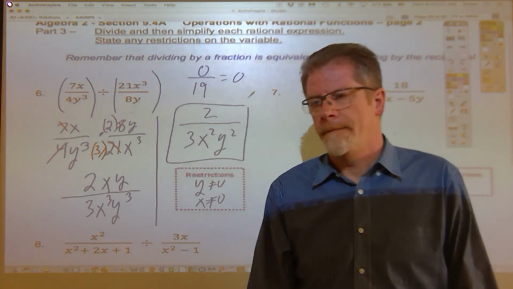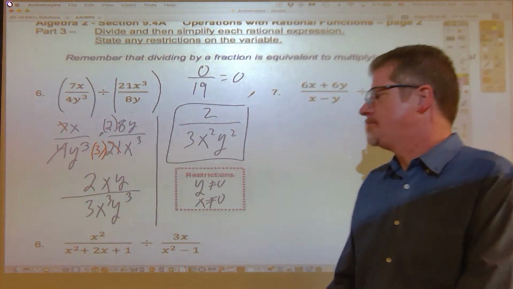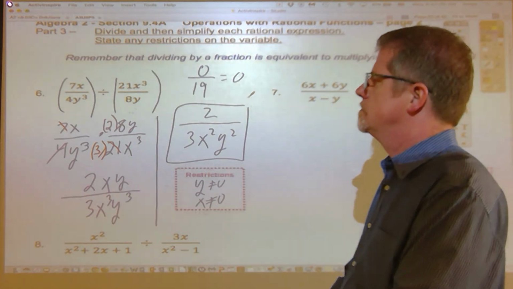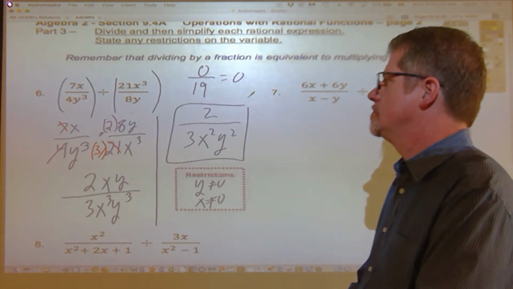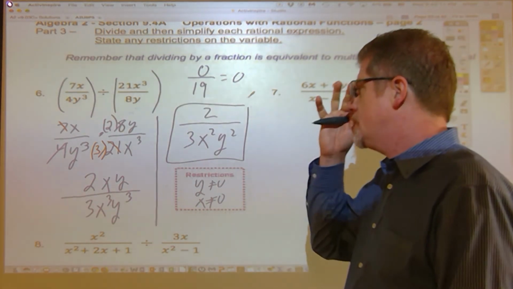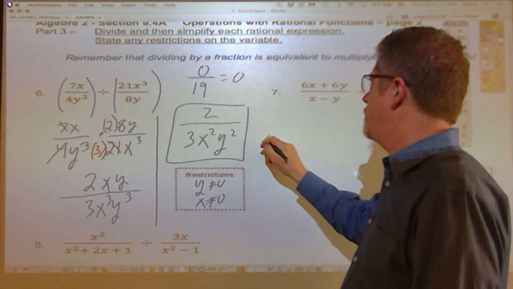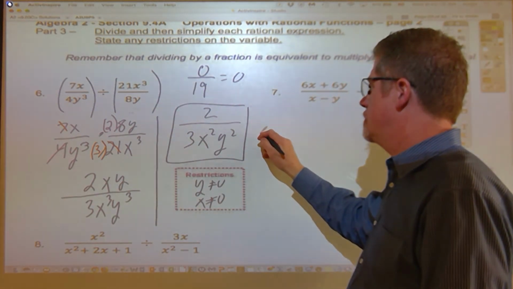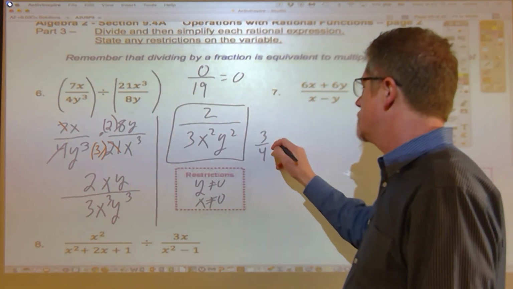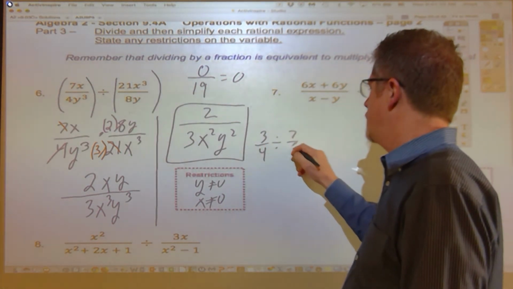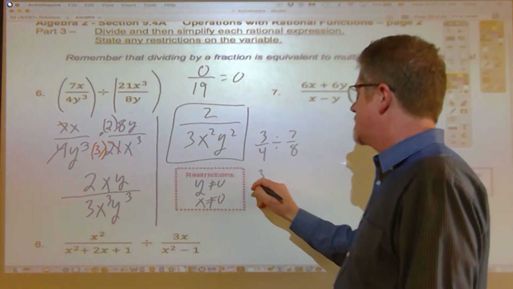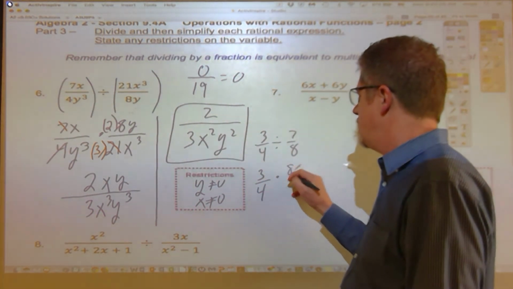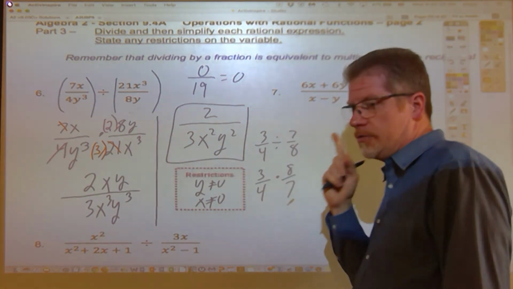Andrew? Why wouldn't you use the reciprocal of 7x over 4y? So would you flip both fractions or just one? Well, here's the idea. Let's go back to arithmetic. If you have 3/4 divided by 7/8, division by a fraction is the same thing as multiplication by the reciprocal.